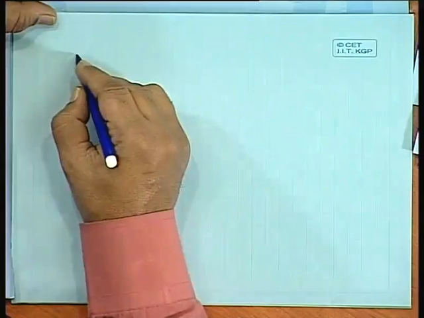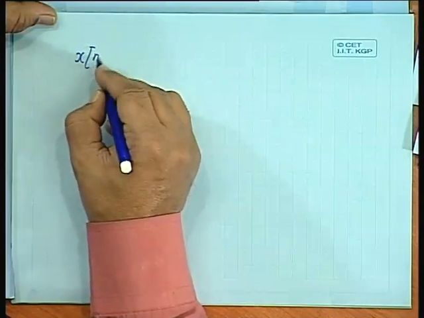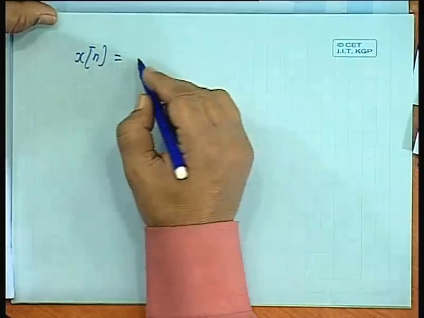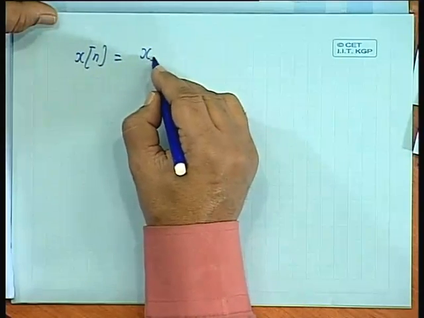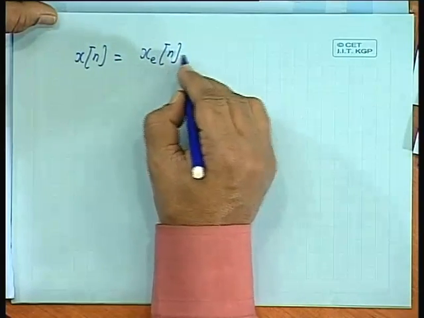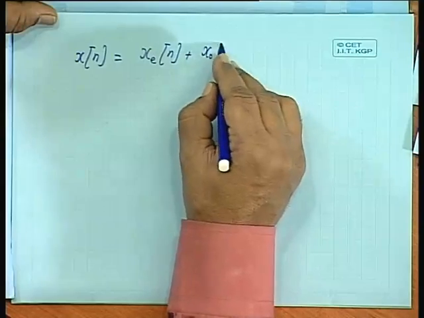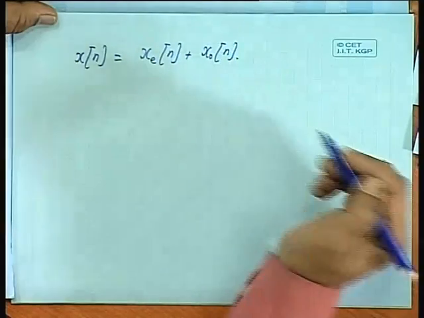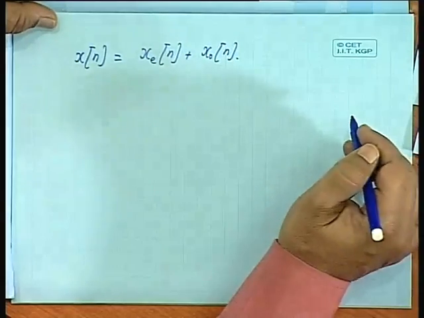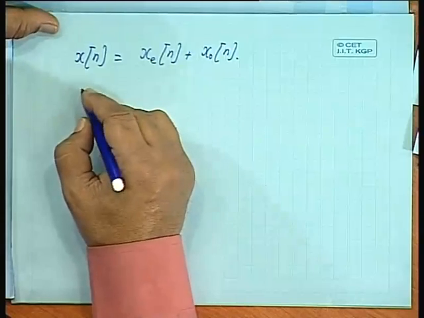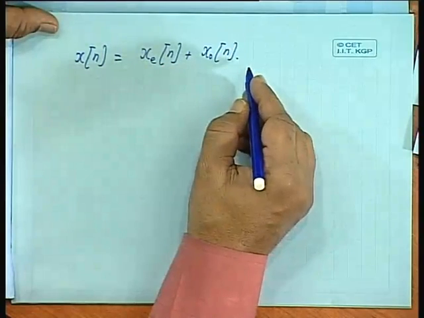Any sequence x n can be written as a sum of an even component and an odd component. Okay. Now, how do you find out the even component?